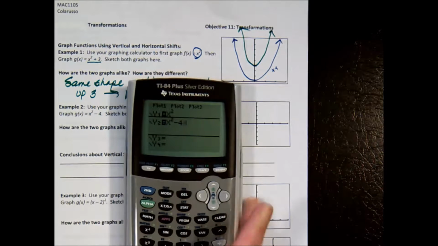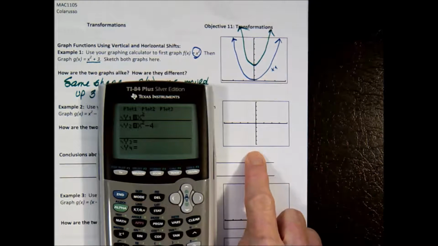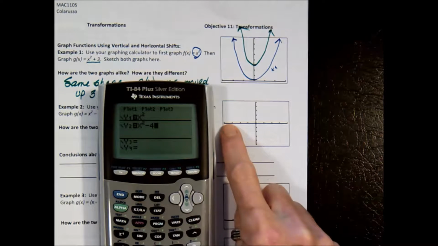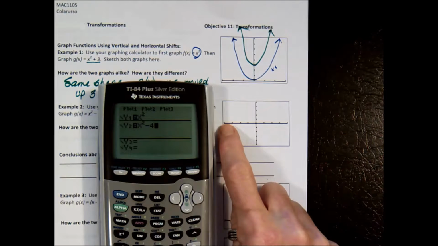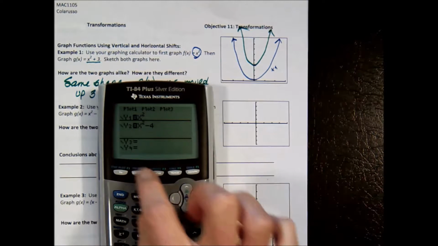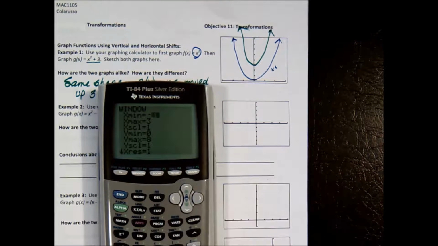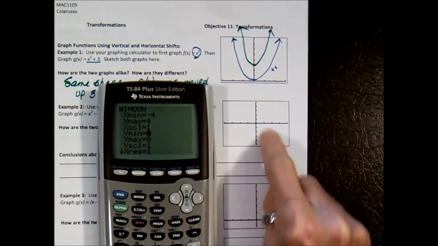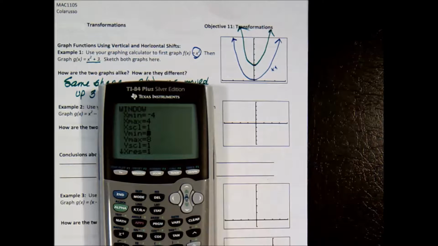Now we're going to change our window, as you can see from our picture here. The x's are going to be negative 1, 2, 3, 4. So 1, 2, 3, 4 to 4. So let's go into window, negative 4 to 4. And then our y's are negative 1, 2, 3, 4, 5. So we're going to go negative 5 to positive 5.